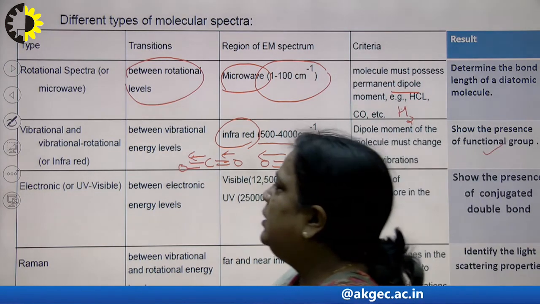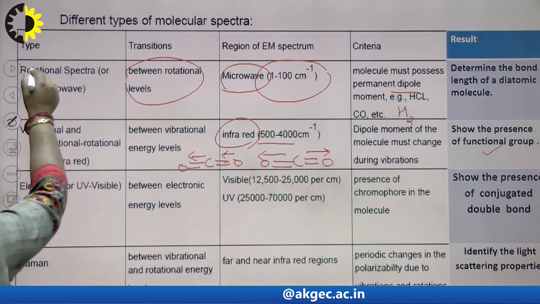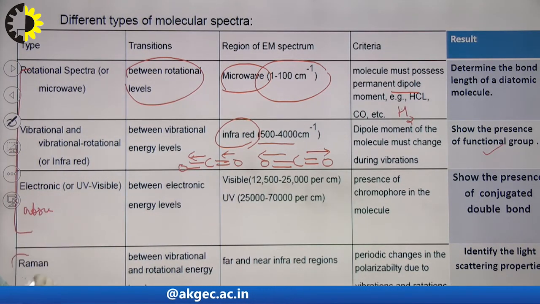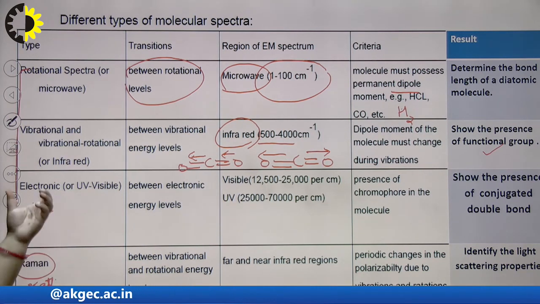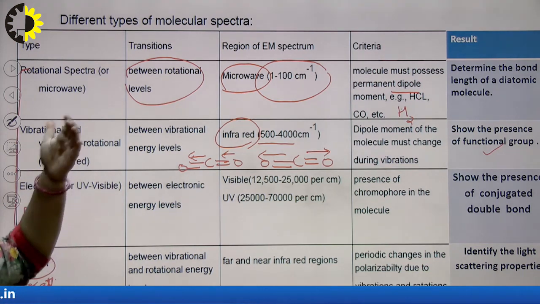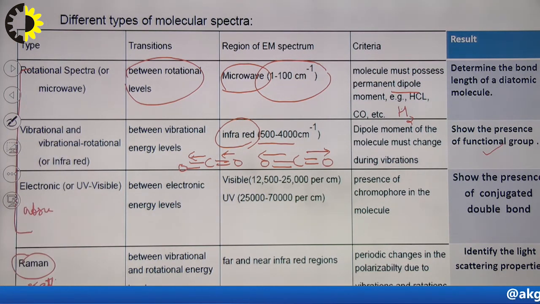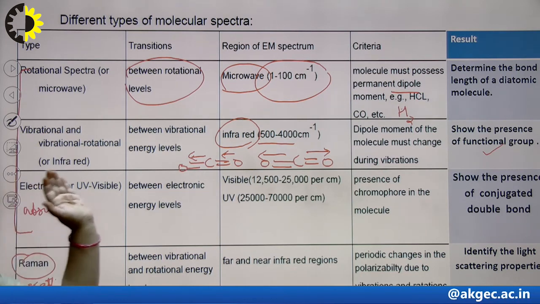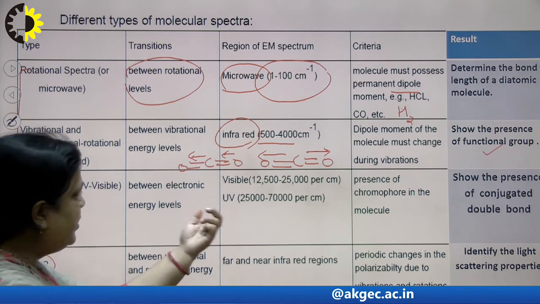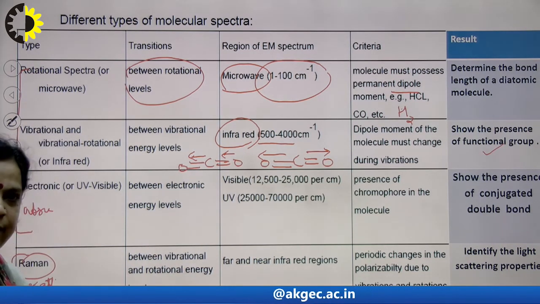Third, and these three are basically absorption spectroscopies, while the fourth is scattering. So, third, UV electronic spectroscopy. Here the transition between electronic energy levels occurs, and for this we radiate with UV visible, and that is why it is also known as UV visible spectroscopy.